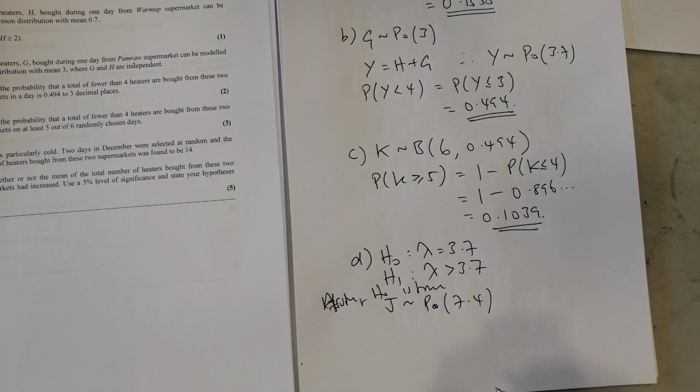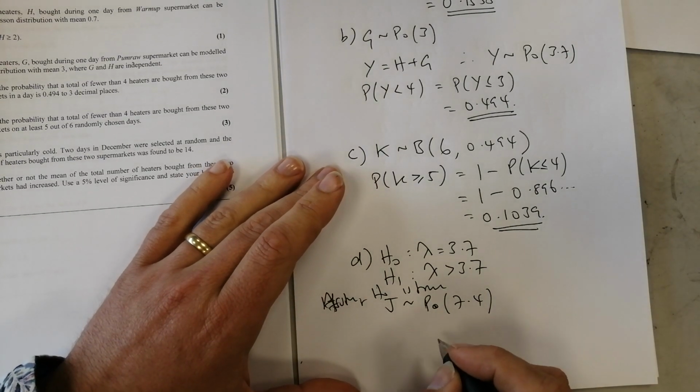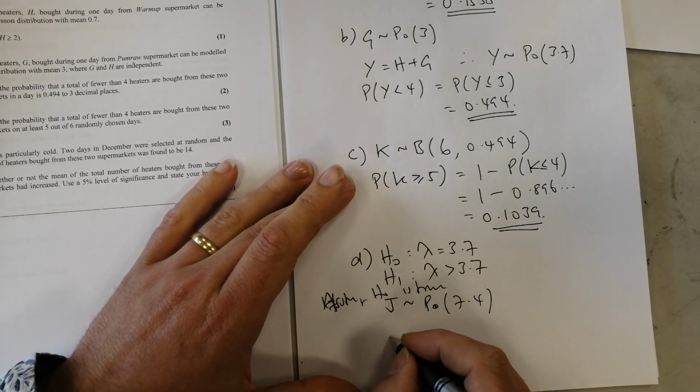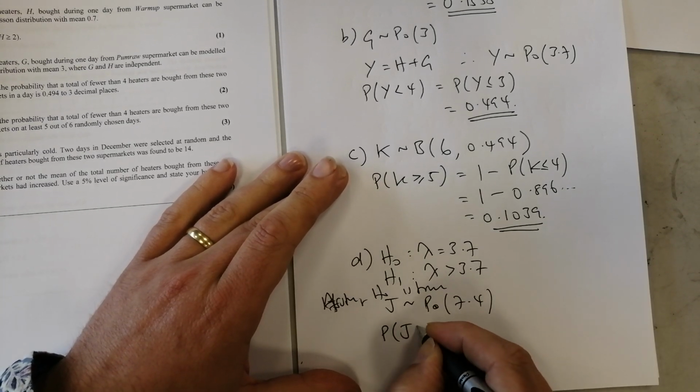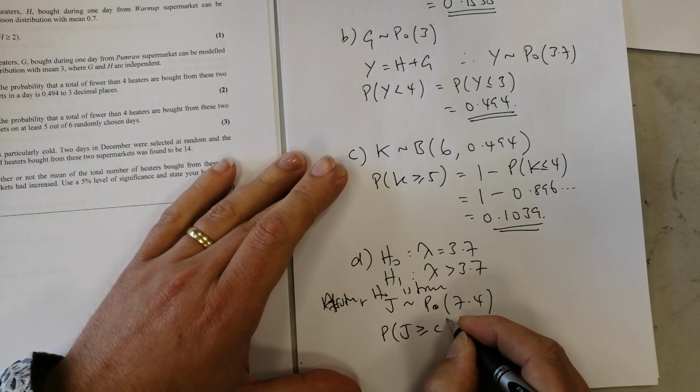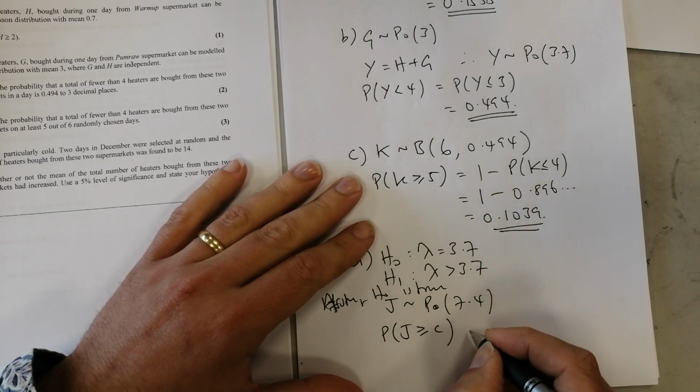Now you've got two choices there how we do this. We either work out the probability or we find the critical value. It doesn't matter which you do, but you just have to make sure there's some probabilities thrown in there. So we'll do the critical value method. We want to find what the critical value is that would surprise us.